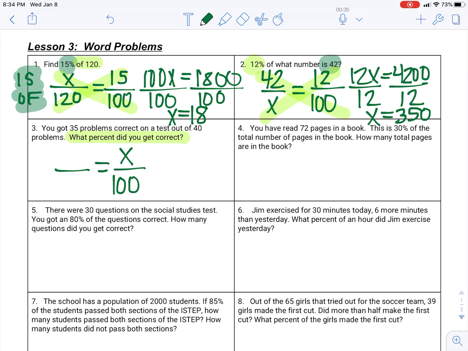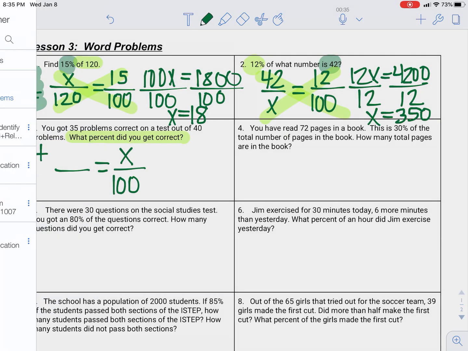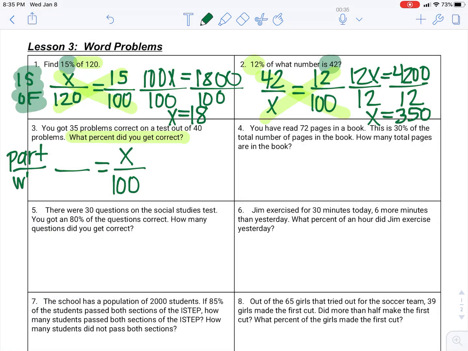So you have to think about some real relationships here. When I write a score, I put the top number as what you got correct and the bottom number as the total. So we call this type of problem a part-whole type problem. The part goes on top, 35, and the whole, or what the test was out of, goes on the bottom. So like I've been saying with these problems, we are going to do a whole lot of cross multiplying.